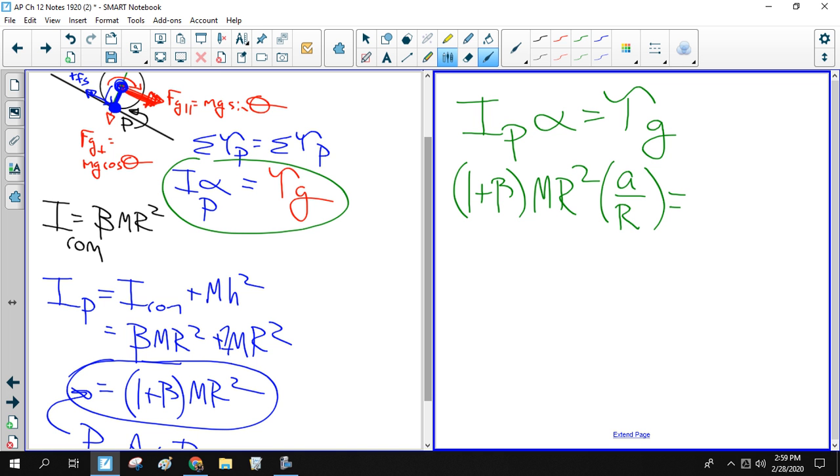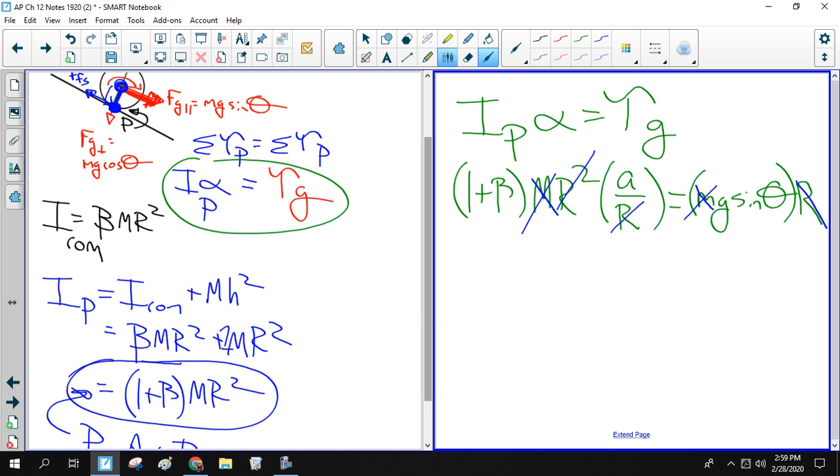Well, the torque from gravity is the force of gravity times my radius. The force of gravity is mg sine theta, because it's only the parallel component that produces torque, times r. Using the same logic as before, all of my r's cancel, my m's cancel.